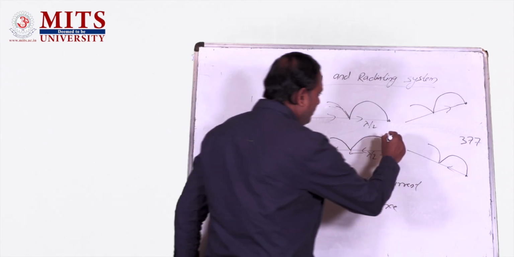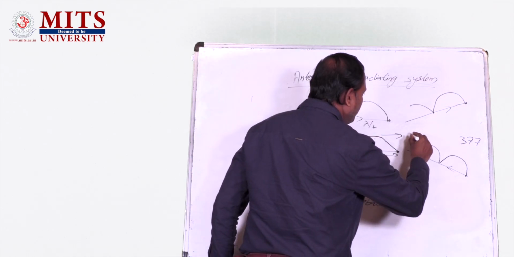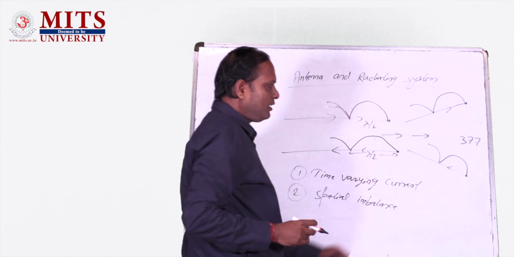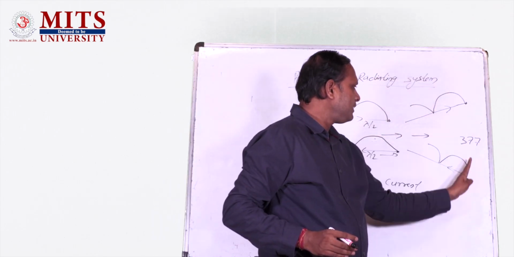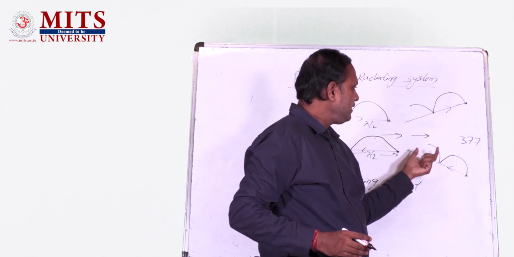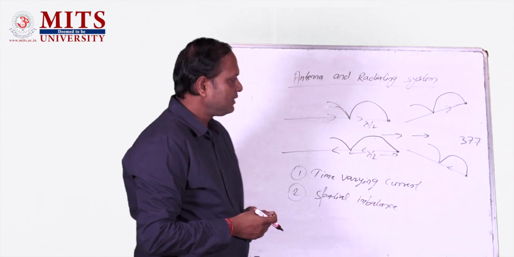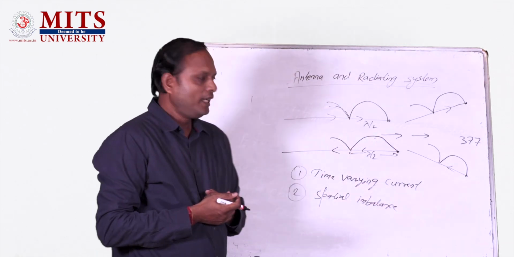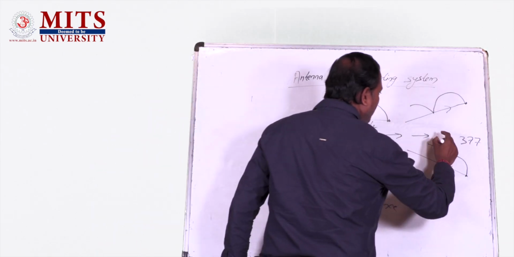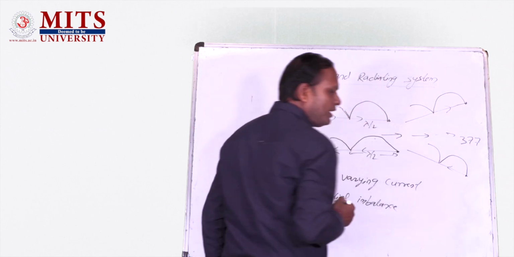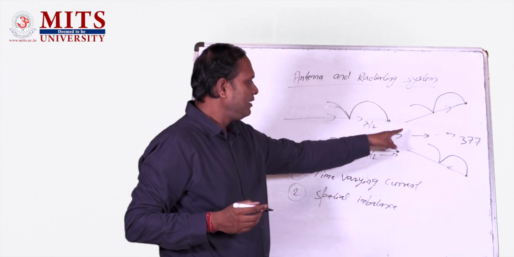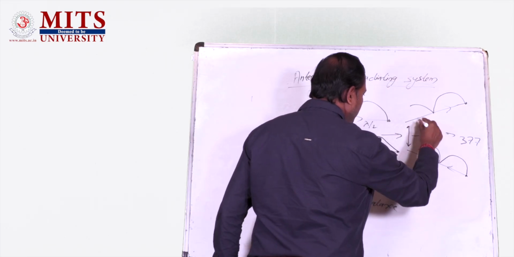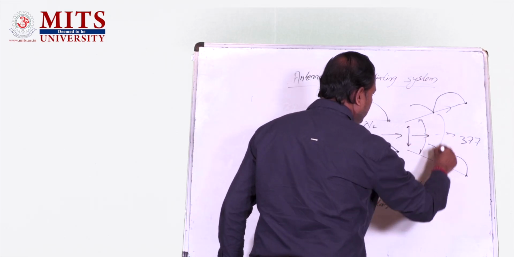The wave is propagating in this way, and when the wave tries to reach this point, it will try to match the impedance, which is 377 ohm, and the wave is getting launched. The direction of the electric field will be like this, like this.